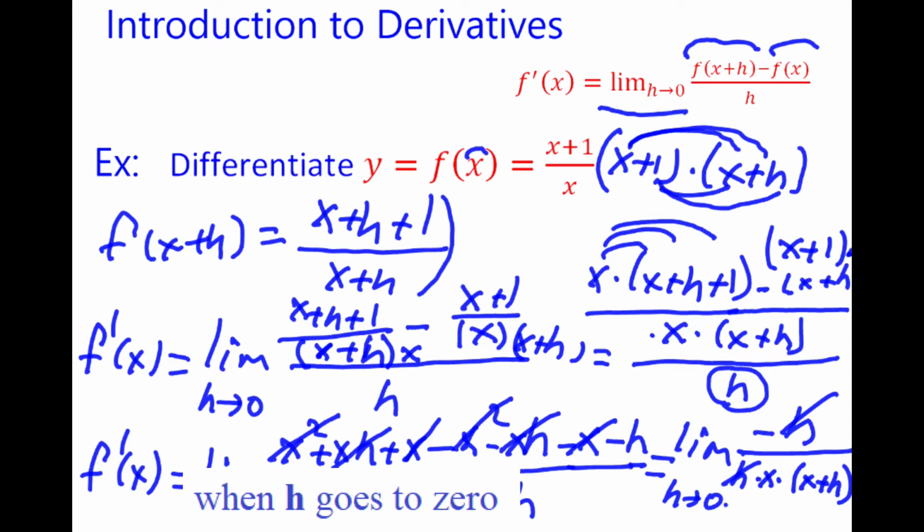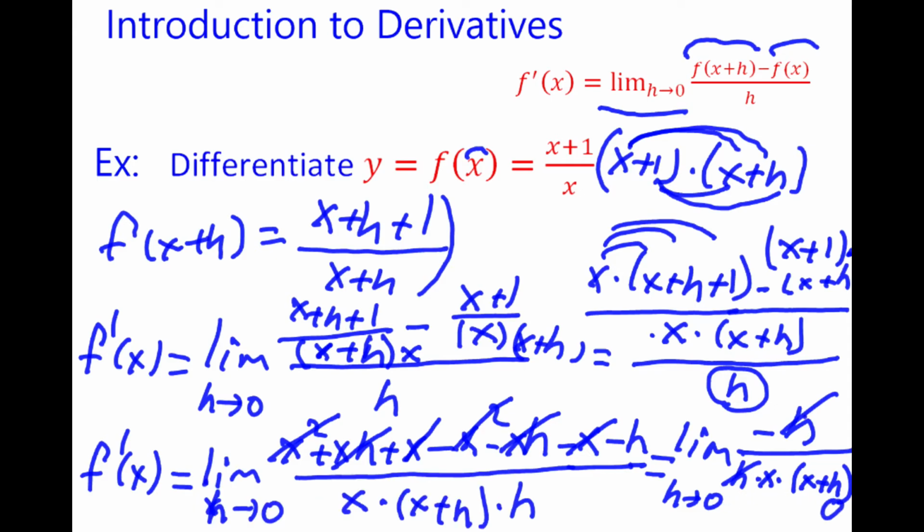And when h goes to 0, guys, you're going to put here 0 also. So in the numerator, we're going to have negative 1, right? Negative 1 divided by, in the denominator, we're going to have x times x, which is x squared, guys. So the final answer is, in this question, negative 1 divided by x squared, guys.